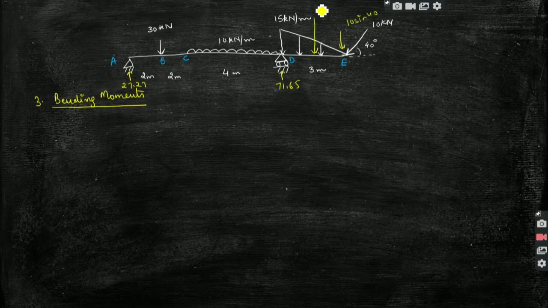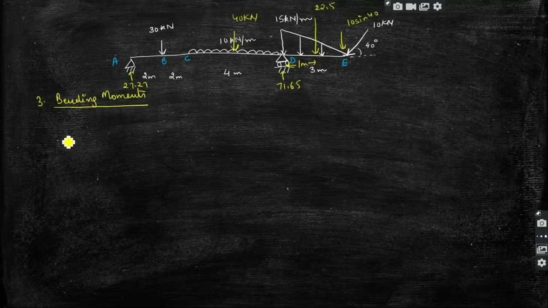This is 22.5 acting at 1 meter distance, and this is 40 kilonewton acting at the center, right? Bending moments also, I will move from A towards E, or anyway we will see in which direction it will be easier. So first I am calculating the bending moment at A, right? Even without calculations, I can say that the bending moment at A will be 0, as well as the bending moment at E will be 0.